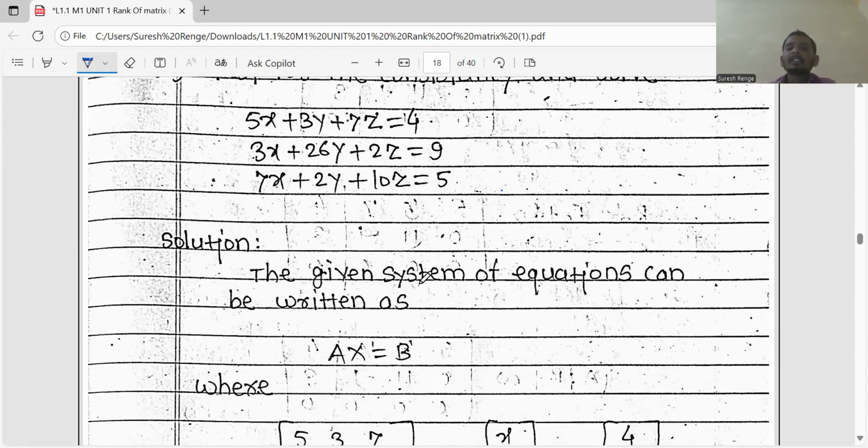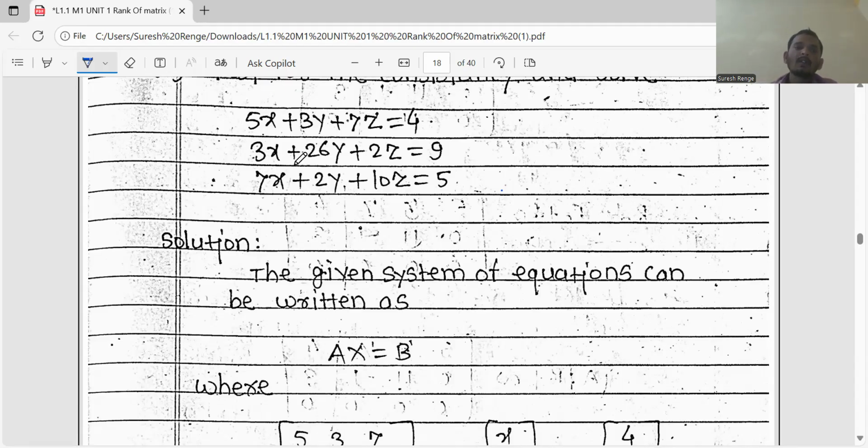The given system of equations can be written as AX = B. A is called the coefficient matrix, X is the variable matrix, and B is the constant matrix. The first row of the coefficient matrix is the coefficients of x, y, and z, that is 5, 3, 7.